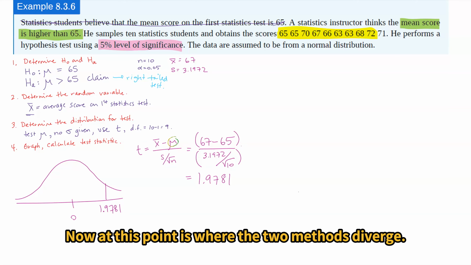Now at this point is where the two methods diverge. If I'm doing the p-value method, I take this test statistic and I put it into the t-distribution and I get back a probability. I compare that probability to alpha and make a decision from that. If I'm doing the traditional method though, I don't take the test statistic, I find the critical value from alpha.